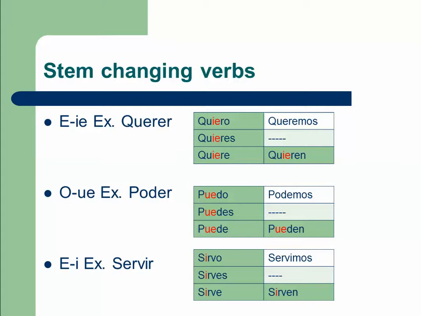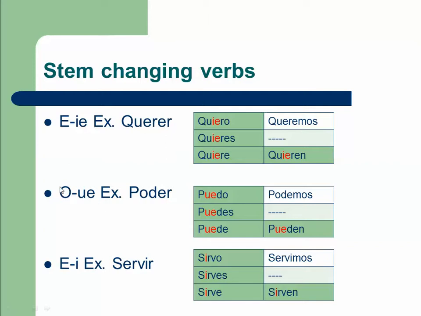So in order to know what kind of stem change they are, you have to memorize them in groups of their stem change. There's no other way to really know. If it's an E originally, then it goes to IE. If it's an O, then there's only one option. It goes to UE.